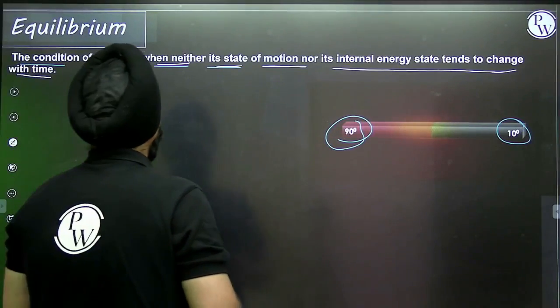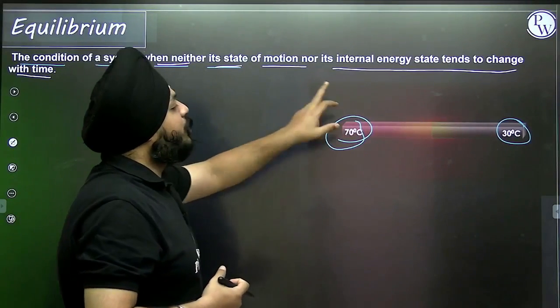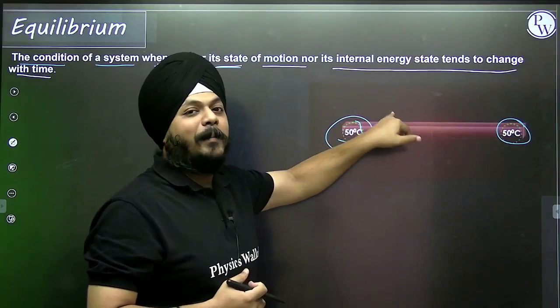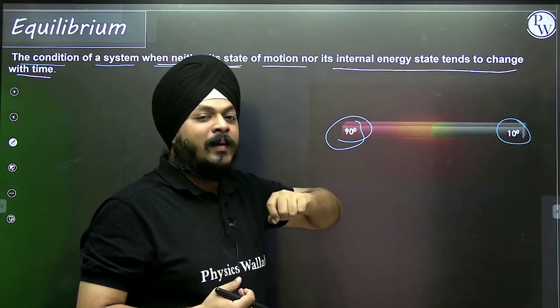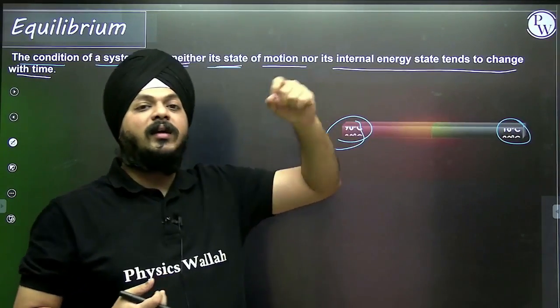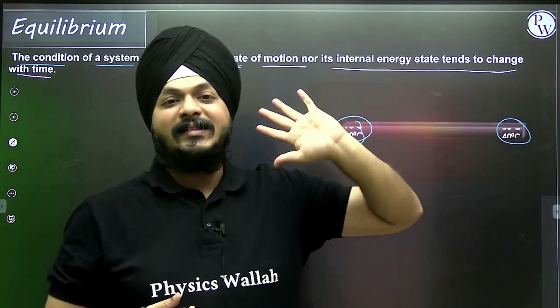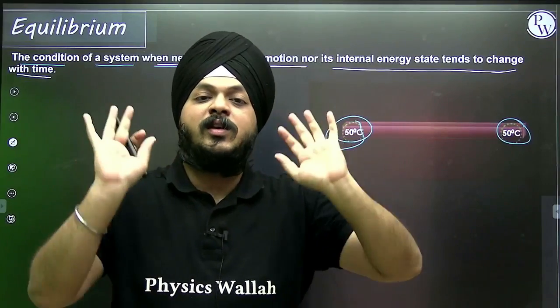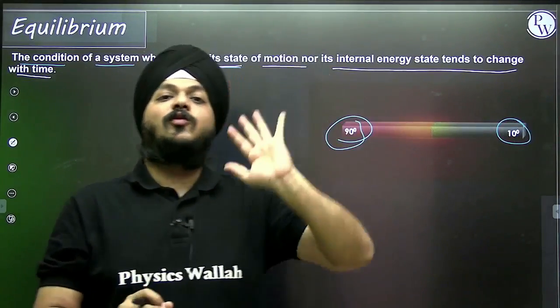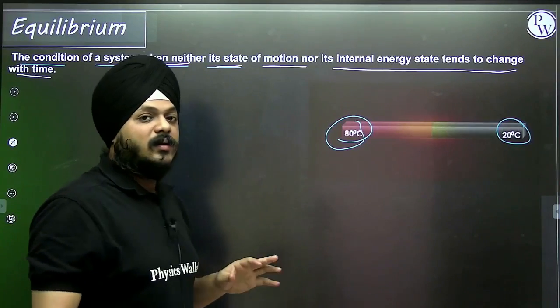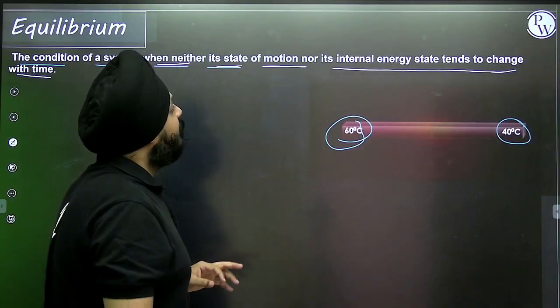So the condition of the system is when neither the state of motion of whatever particles the material is made up of, nor its internal energy changes. Obviously, when heat is supplied, there is either an absorption or a release of heat, and a variation in the vibrations of the particles is always noticed.